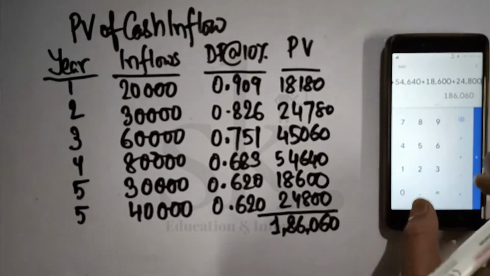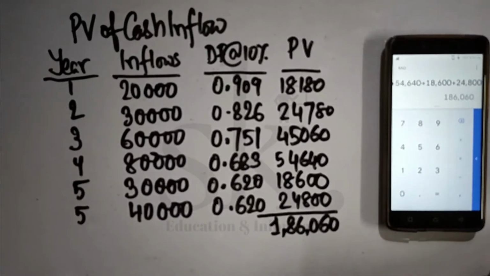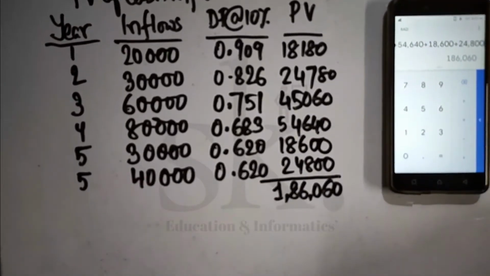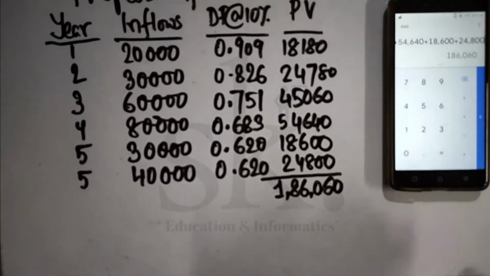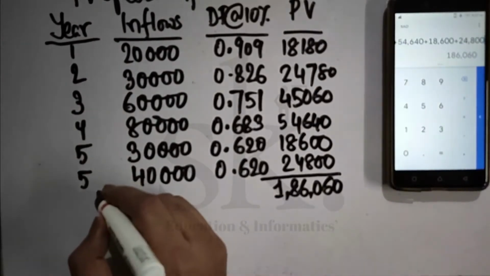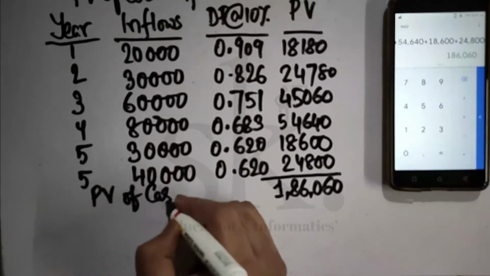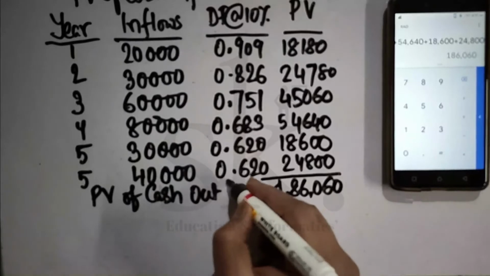1,86,060. Now what we require to do is, we also require to calculate the present value of cash outflow. Now how do we calculate the present value of cash outflow? So let's solve it here. PV of cash outflow.